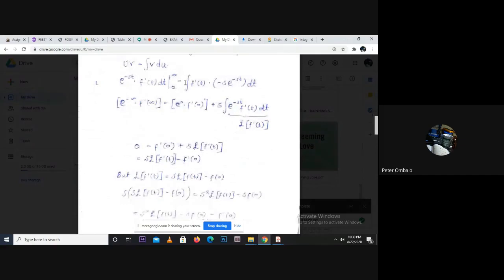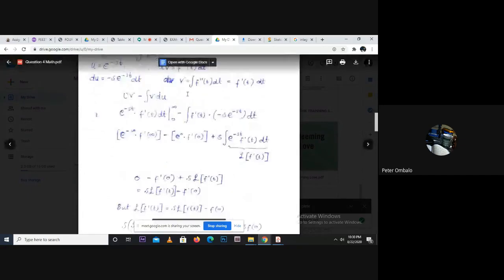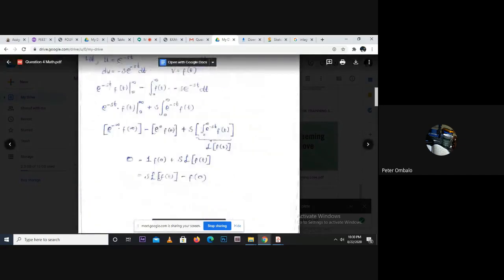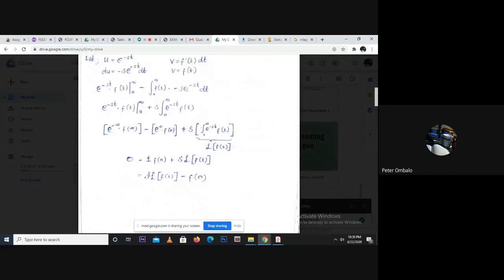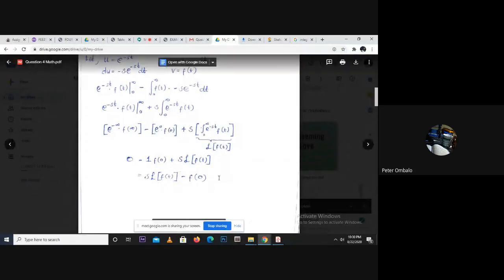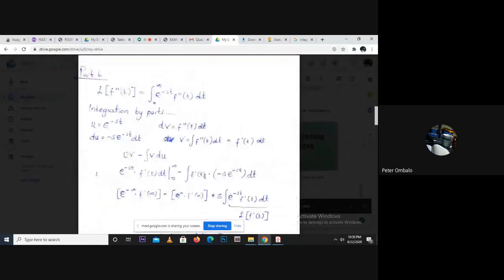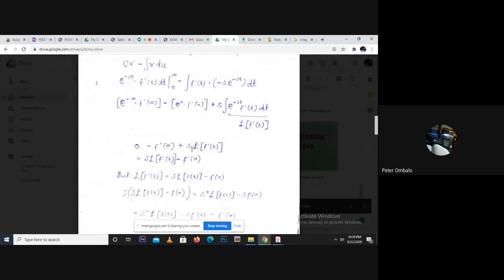But from the first part, we had figured out how we can represent the Laplace transform of the first derivative of t. We can represent it as this solution over here. So we're just going to substitute that solution into this here, right?